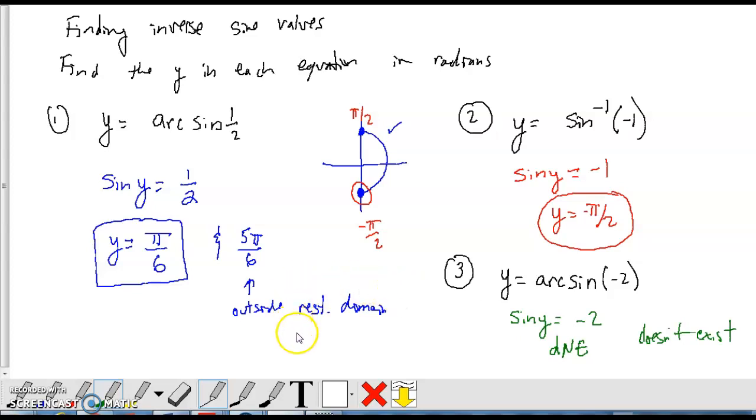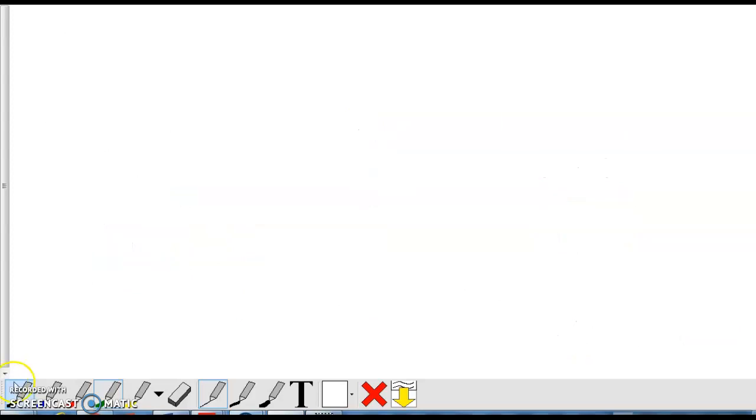Okay, let's try a few more. So this time, let's find the inverse of cosine. Okay, so here's our first one for cosine. So y is equal to arc cosine of 1.